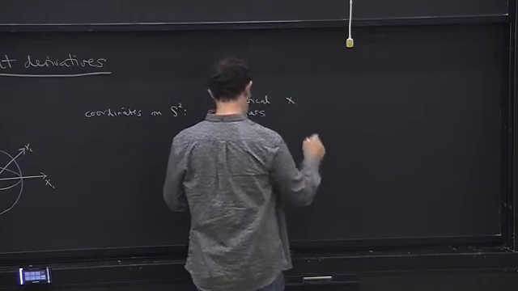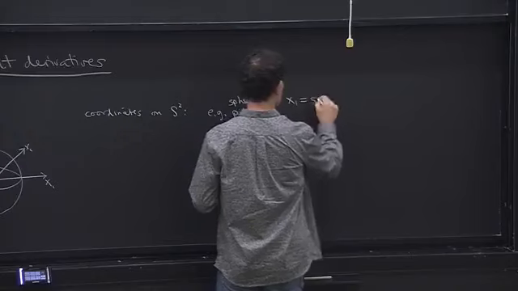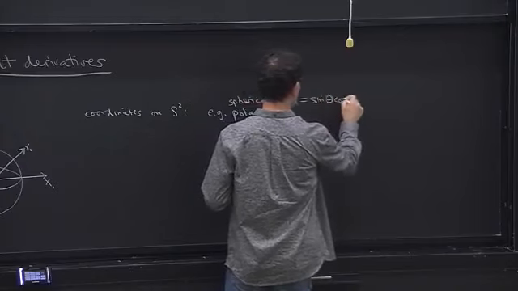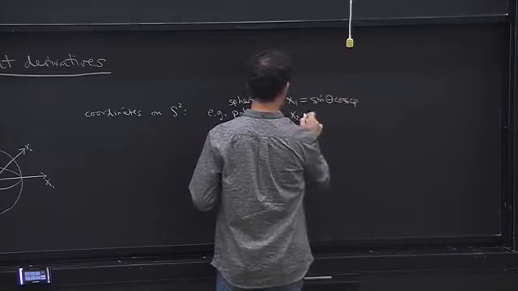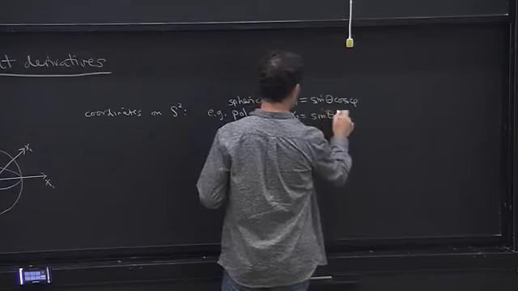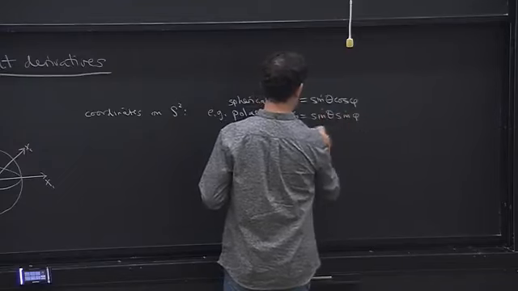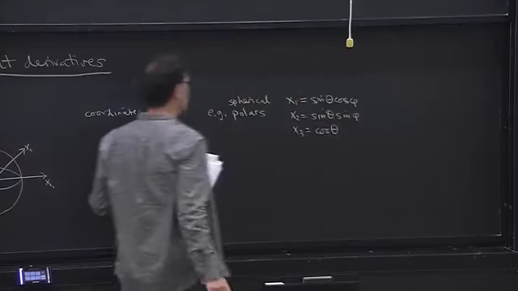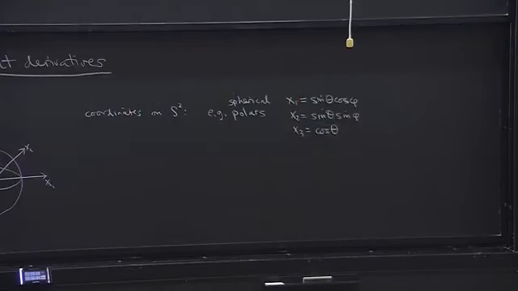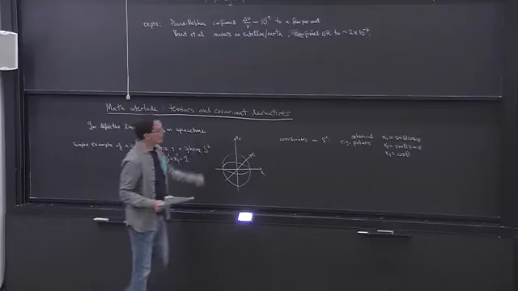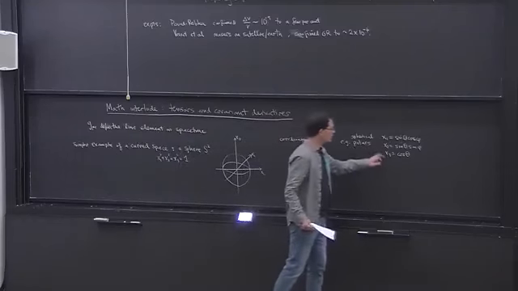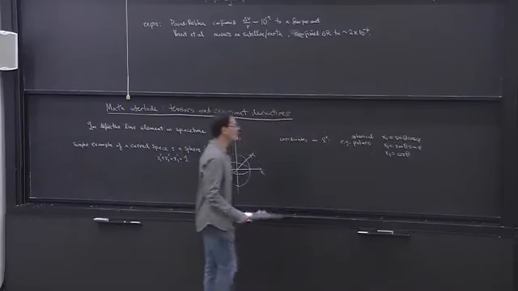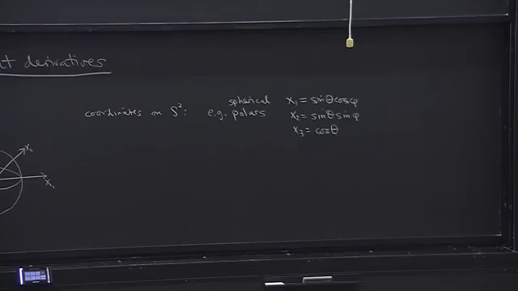And we have, of course, x1 is sine theta cos phi, x2 is sine theta sine phi, and x3 is cos theta. Okay, so all we've done is solve this constraint by re-expressing x1, 2, and 3 in terms of 2 coordinates. And then the constraint is automatically satisfied.